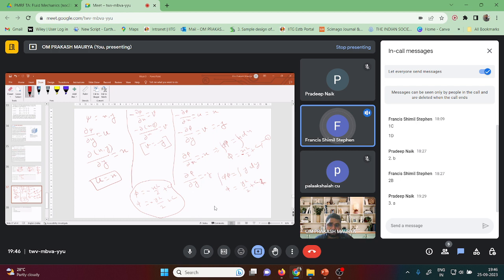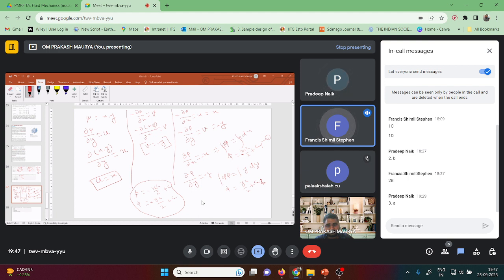Actually, what I did was first I integrated with respect to x, and I took that c1 as a function of y, and then I tried to differentiate it with respect to y, and I found out the equation of that f(y). Okay, okay. And what about you, Pradeep? Please tell. Because I saw a minus, sir, so I just chose that one. Okay, okay.